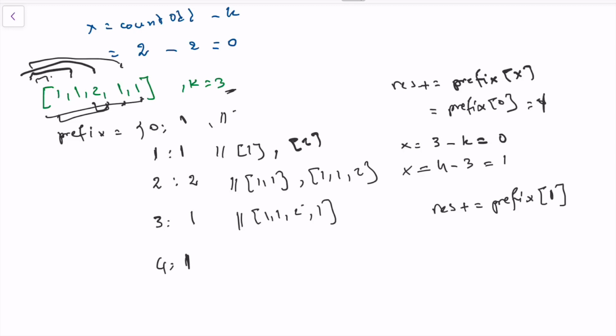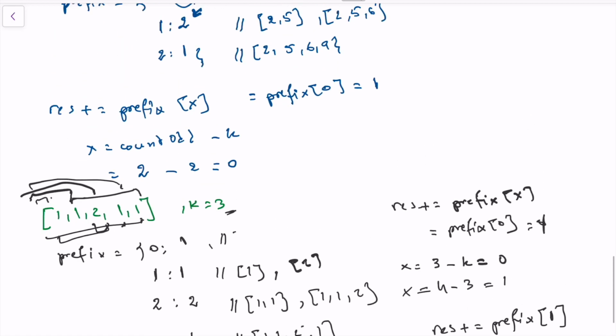Because we can start and leave those that have 1 odd number and get to the last one that has 4 odd numbers, so what's in between would have 3 odd numbers, right? And so that would be prefix of 1, that's just 1, so we'd add another one, and so at the end we will have our result equal to 2, which is the right solution here, right?